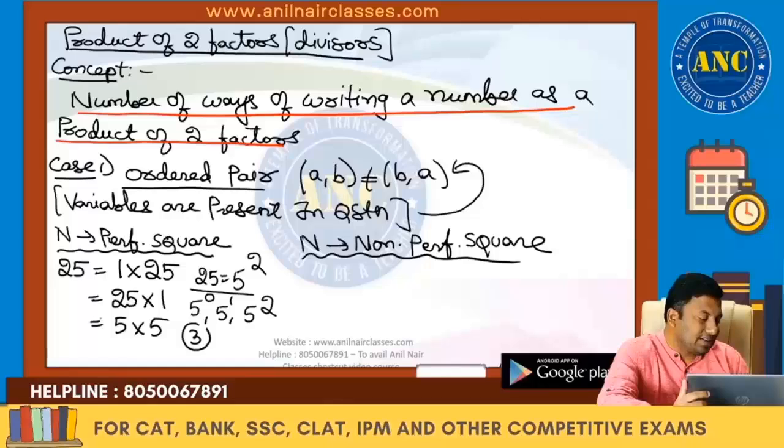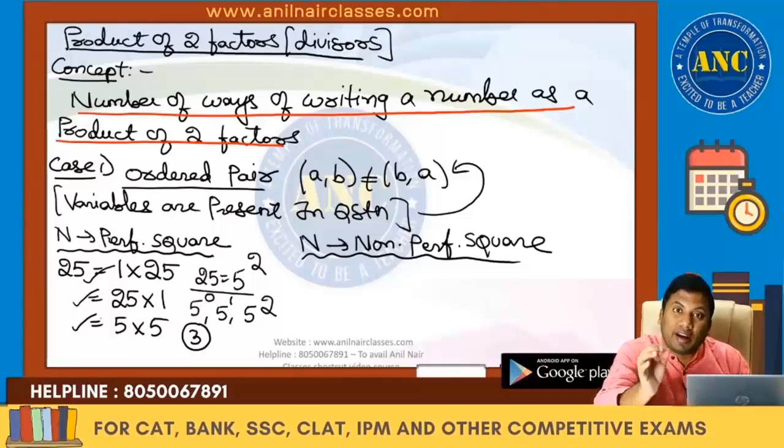Total 3 factors: 1, 5 and 25. How many ways did you get? One way, second way, third way. That means if n is a perfect square, the number of ways of writing a number as a product of two factors is equivalent to the number of factors.